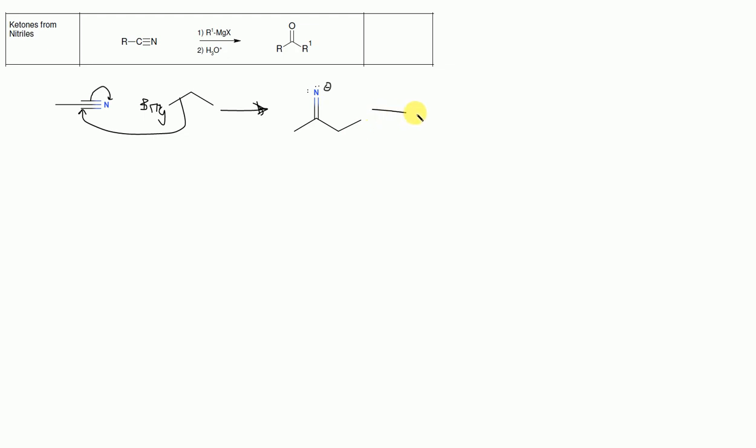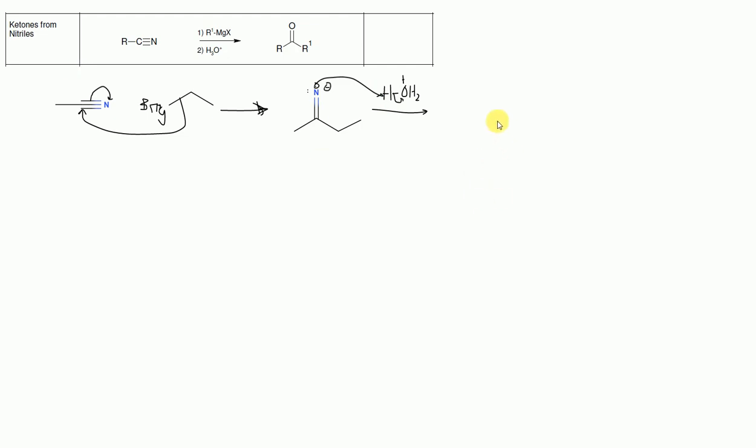What proceeds after this is the protonation. So this gets protonated, and I have this H3O+. So we have this acid, and it is going to abstract one of these acidic protons, and the nitrogen will stabilize itself.